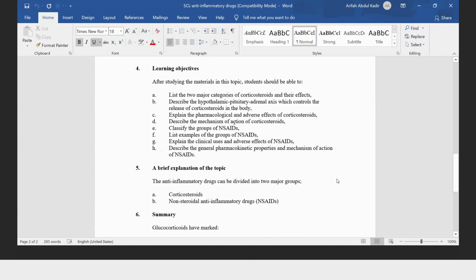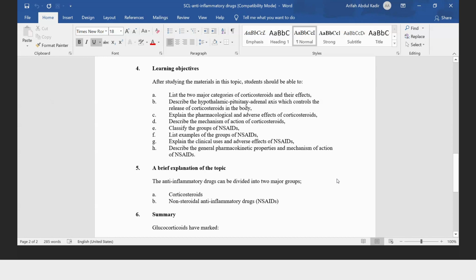Basically, when I have a lecture on anti-inflammatory drugs, I talk on corticosteroids, their biological activities, side effects. It's listed here actually: corticosteroids and their effects, the adverse effects, the pharmacological effect.